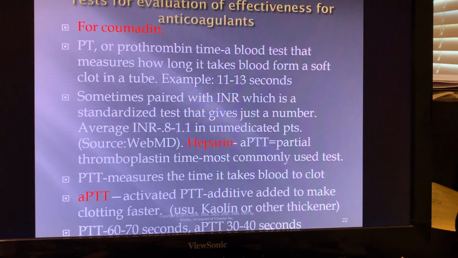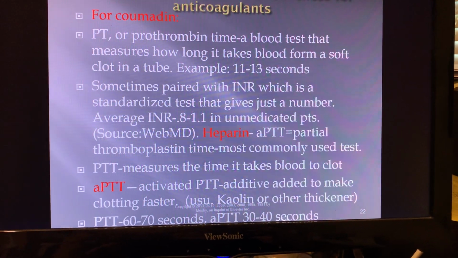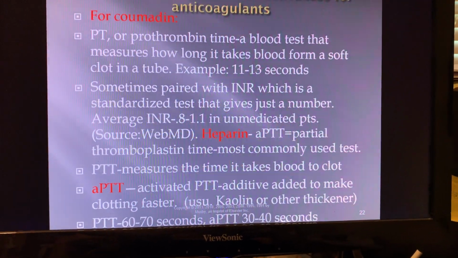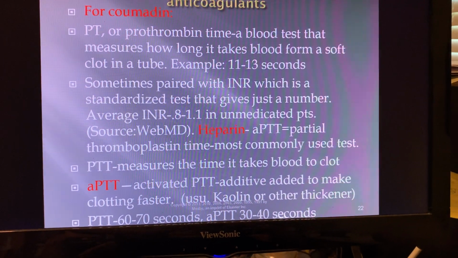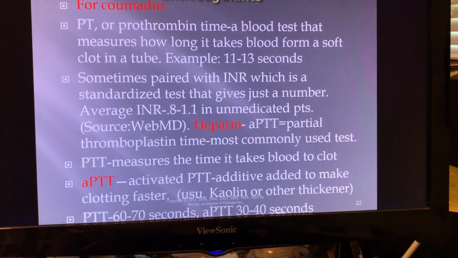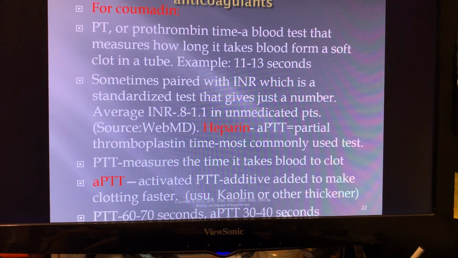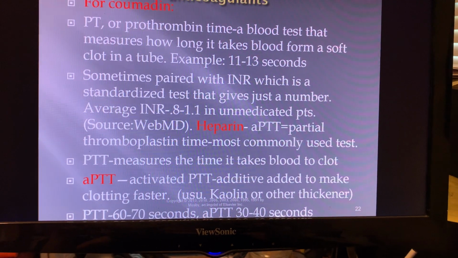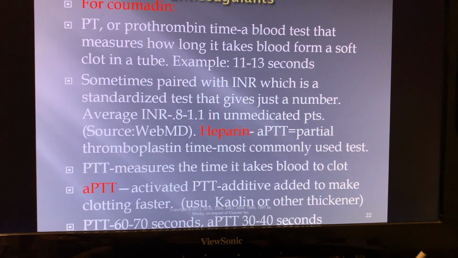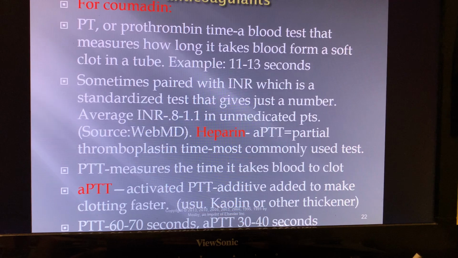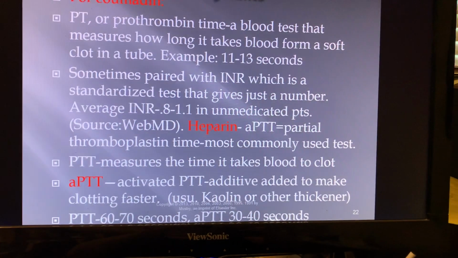So while a PTT may take 60 to 70 seconds for the blood to form a firm clot, an activated PTT or an APTT is going to take about half that, about 30 to 40 seconds. So when you see someone trying to determine if the amount of heparin is at a therapeutic level, they're going to usually use an APTT, an activated partial thromboplastin time.